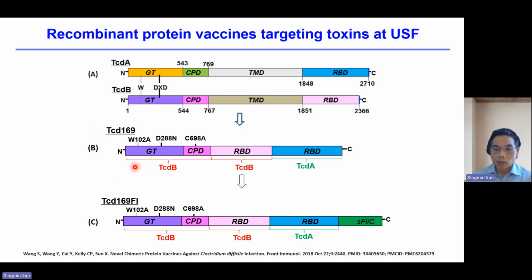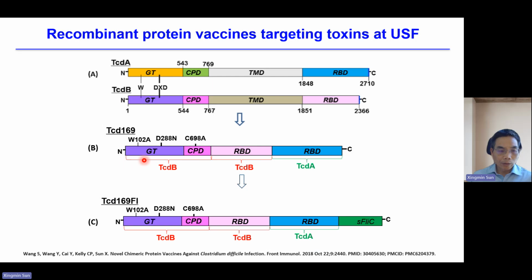One of the constructs we generated, the vaccine candidate called TCD169, includes immunodominant fragments of both toxin A and toxin B. In this fusion protein, we fused the glucosyltransferase domain, the cysteine protease domain, CPD, and the receptor binding domain of toxin B with the receptor binding domain of toxin A. To make the vaccine candidate safe and non-toxic, we introduced point mutations in the catalytic domains, which remove the toxicity of the enzymatic active domains.